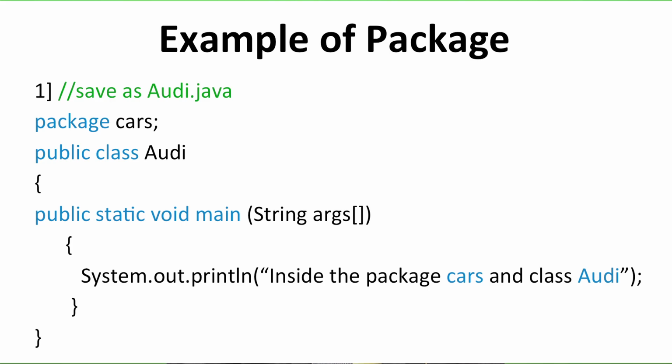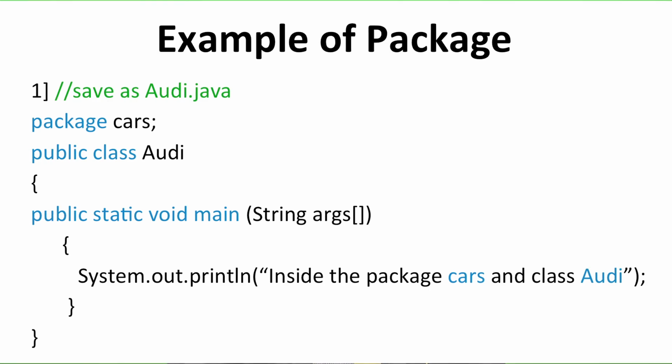This is package cars. So, the package we are creating is cars, and in this package we are defining the class audi. So, class audi has, under the main function, a statement printing this message, inside package cars and class audi. So, here is the first example of a package.